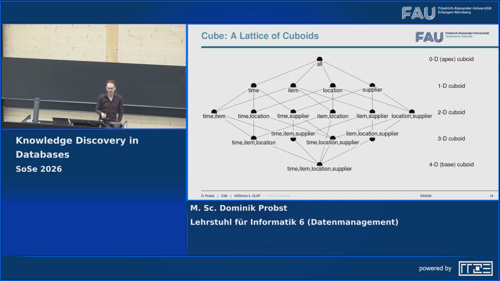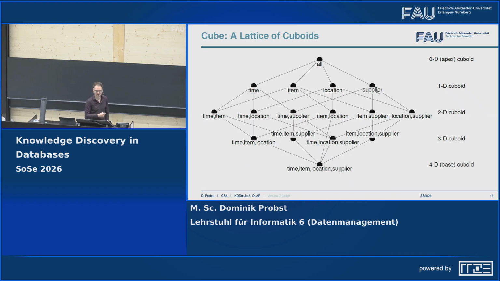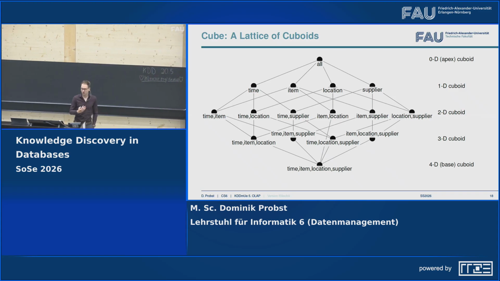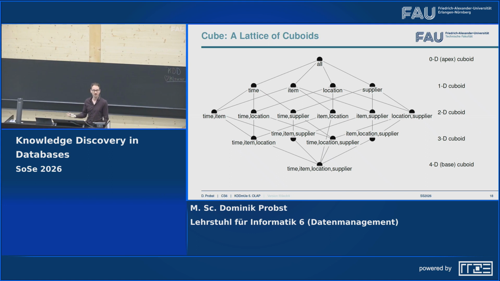So for example, if we say we want all data, that's the 0D cuboid. If we do a selection on time, item, location, supplier, so we have a 4-dimensional data warehouse in this case, then we are in the so-called 1D cuboid.